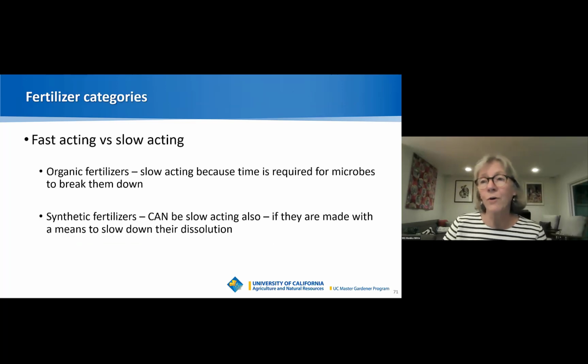Another category that you'll have to think about when you're purchasing fertilizer is fast-acting versus slow-acting. Organic fertilizers are typically slow-acting because it takes time for the microorganisms to break them down. Synthetic fertilizers are typically fast-acting because they're immediately soluble, but they can be slow-acting if they're made with some kind of a means to slow down their dissolution into water.